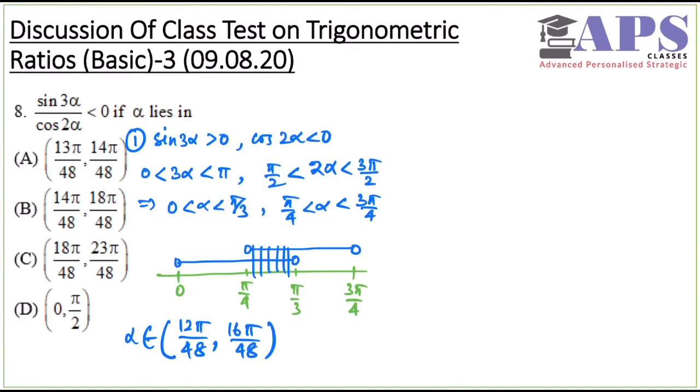It can have other solutions, but according to this option we will check for this type of solution. Now 12 to 16 it is, so 13 to 14 is a subset of that. Even if it is not exact, option A, 13 pi by 48 to 14 pi by 48, is a subset of this 12 pi by 48 to 16 pi by 48. That's why we can keep that as an answer.